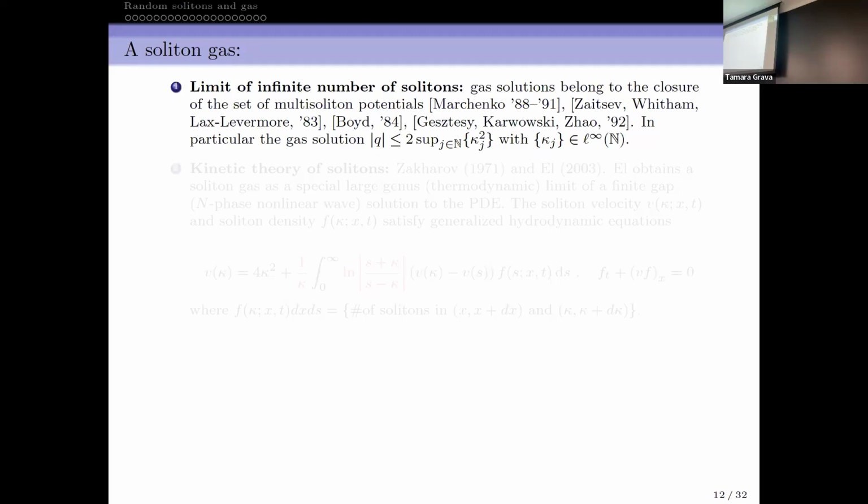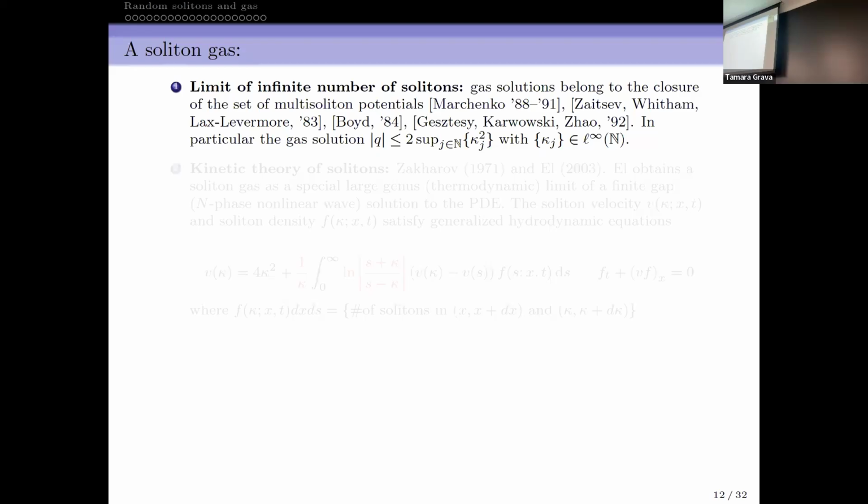They also create solutions that contain an infinite number of solitons, where the number of solitons goes like 1 over epsilon, where epsilon is the dispersive parameter of the equation. Then there was a recent paper of 92 by Cassier, Gurkowski, and Zhao that also creates solutions with an infinite number of solitons.